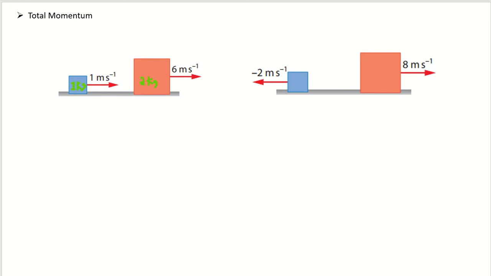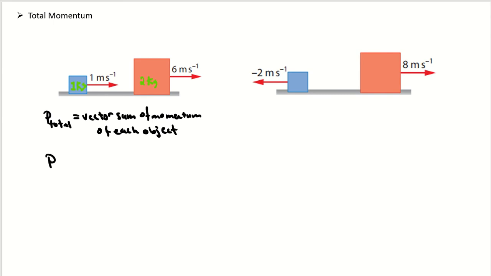So in this case, if you are asked to find the total momentum, simply it's the vector sum of the momentum of each object. Usually we only consider 2 objects, okay?